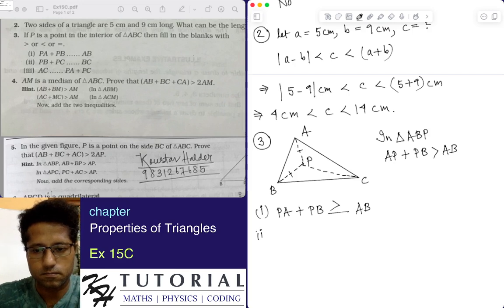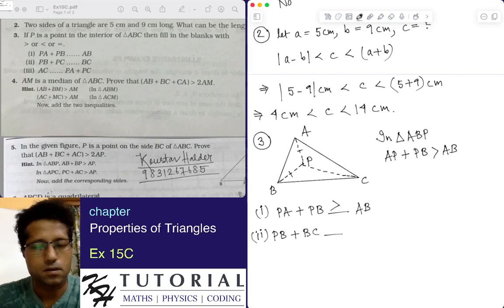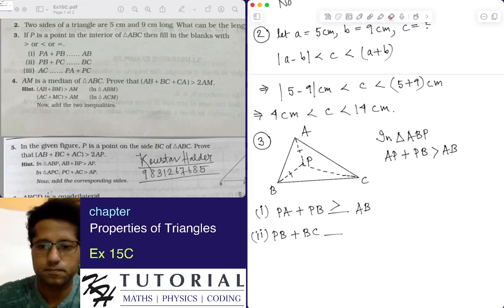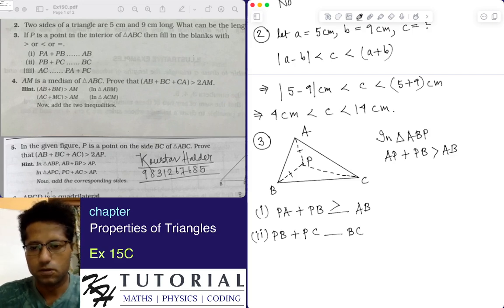Part 2, it says PB plus BC dash PB plus PC dash BC.